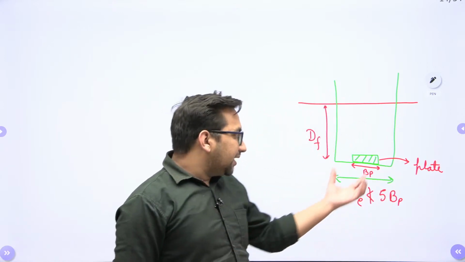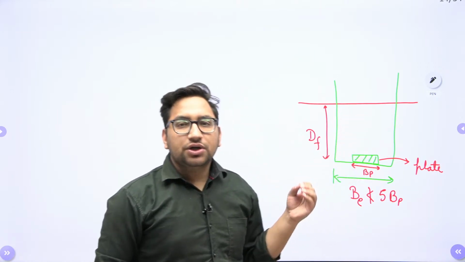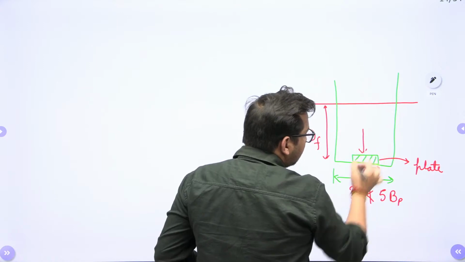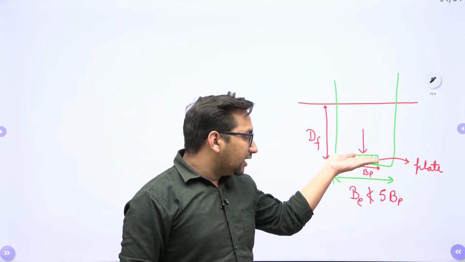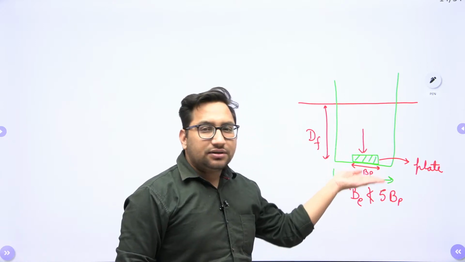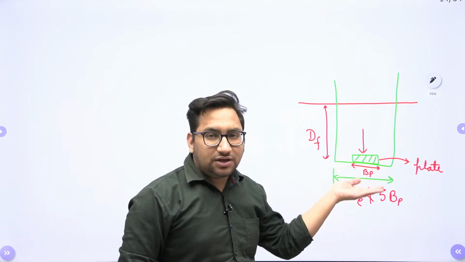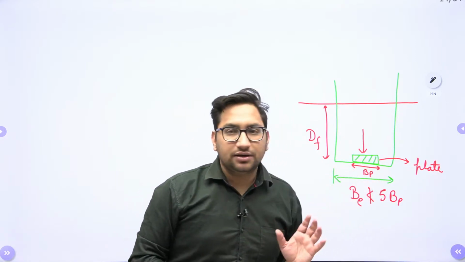Now on this particular small area, you are going to apply the load. Due to the application of load, you will find out that this particular plate will get settled, and at one particular stress value, your soil is going to fail, right?